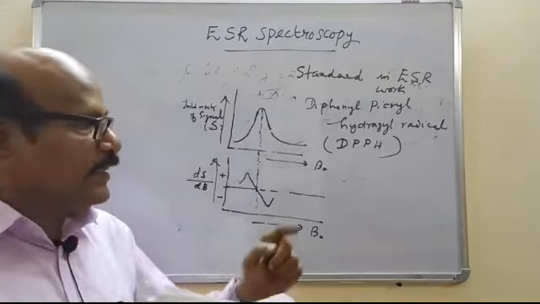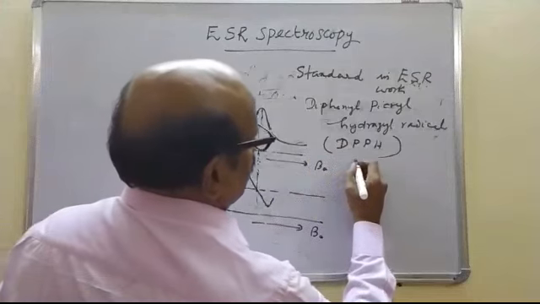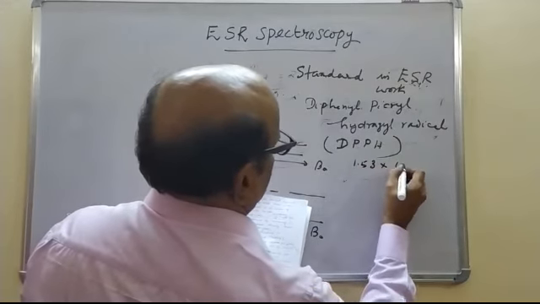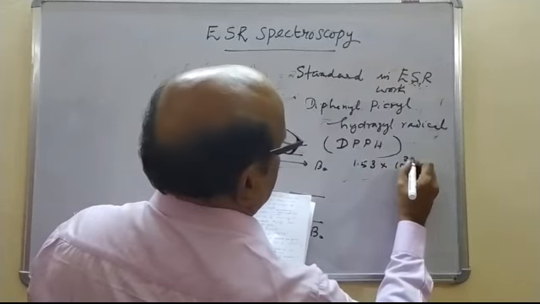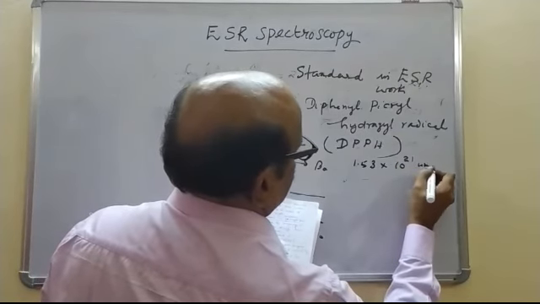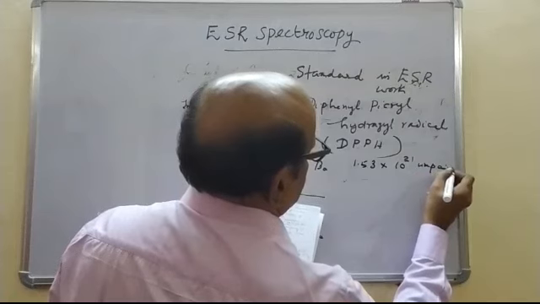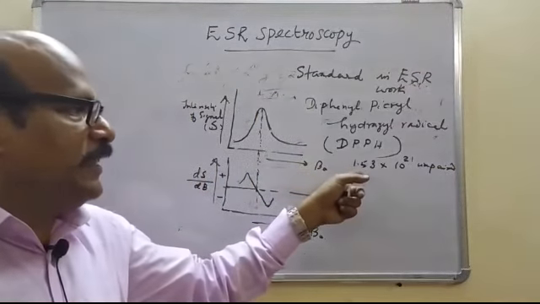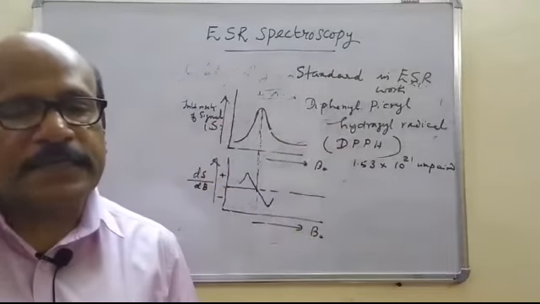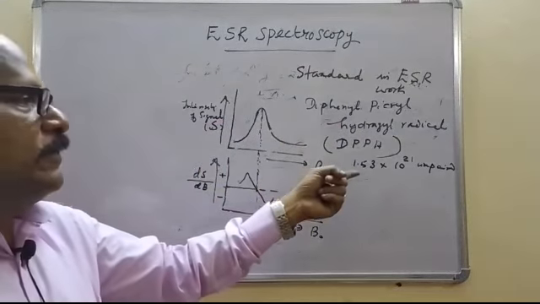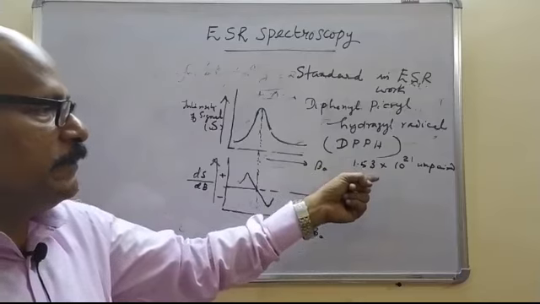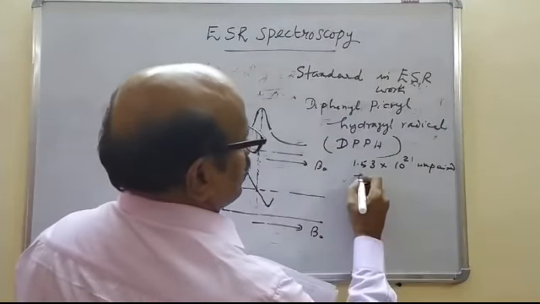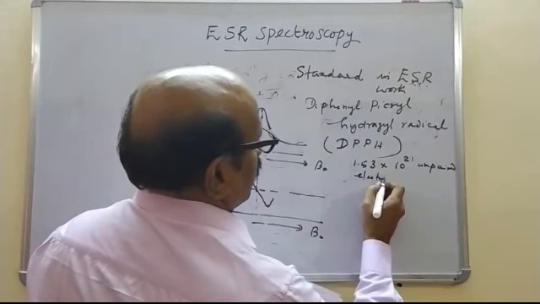It contains 1.53 into 10 to the power of 21 unpaired electrons. So the area under the curve of the signal of this compound corresponds to 1.53 into 10 raised to 21 unpaired electrons per gram.